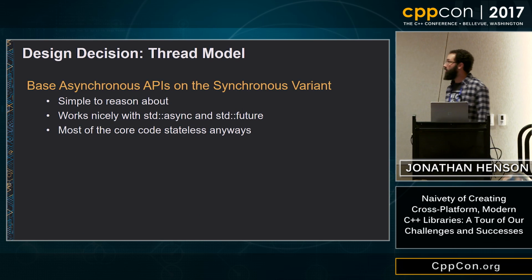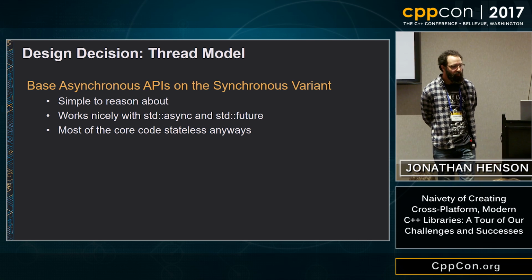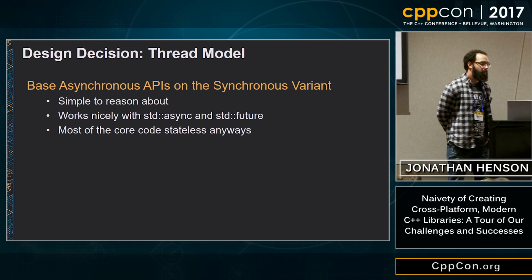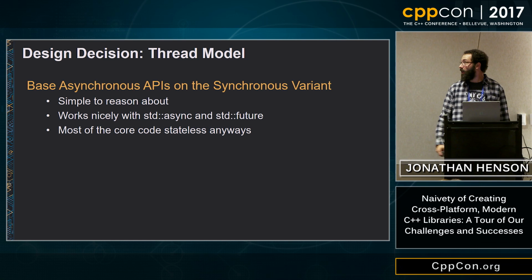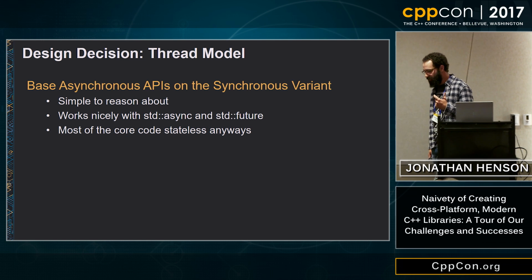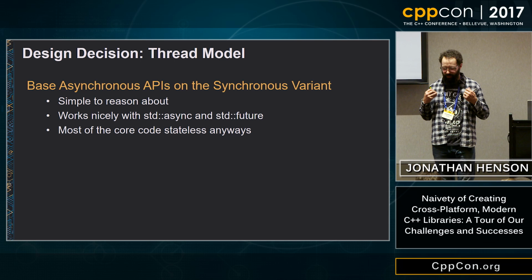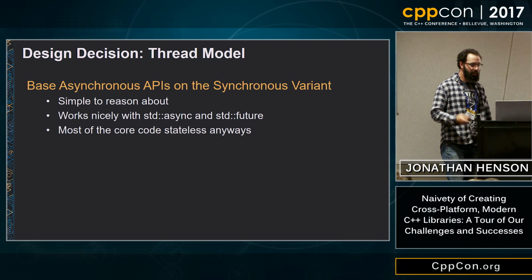Our last design decision that we're going to talk about is the threading model. And this is one that I think you really need to think very deeply about if you have the default idea that I had.